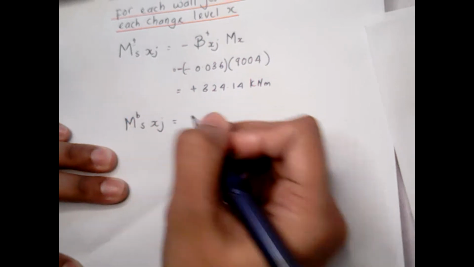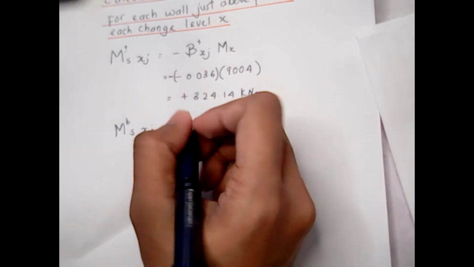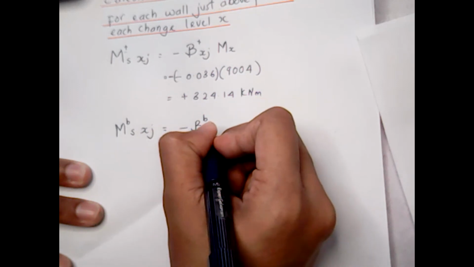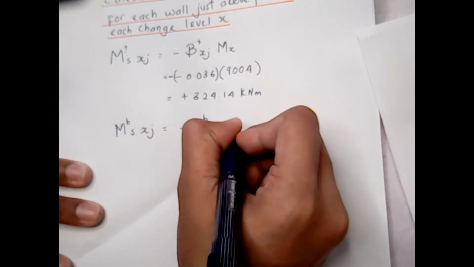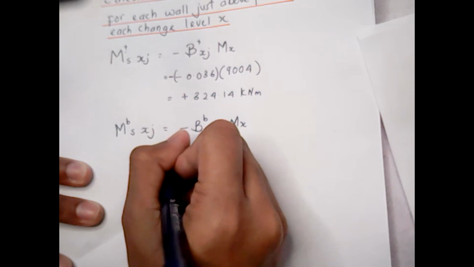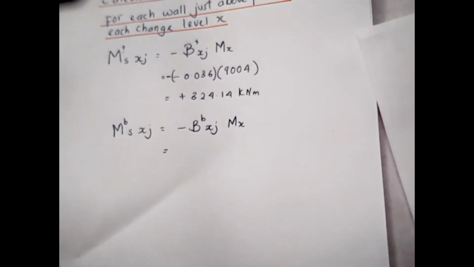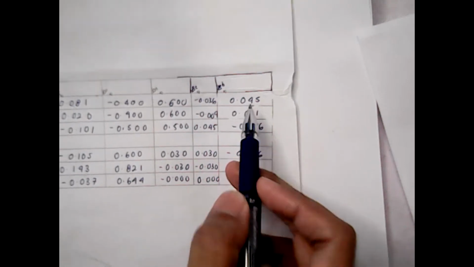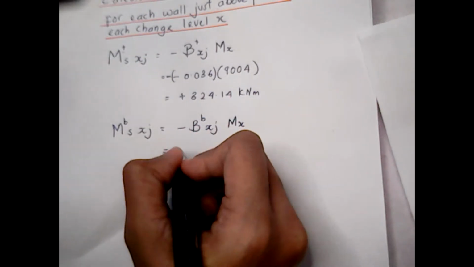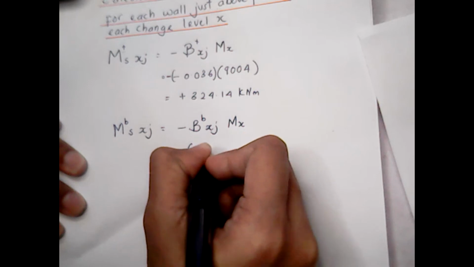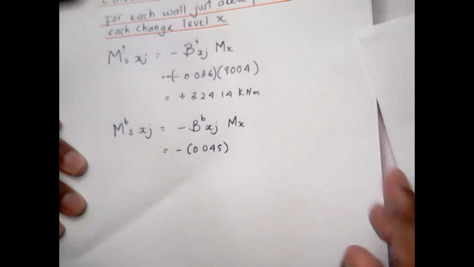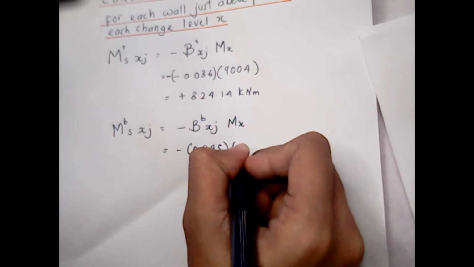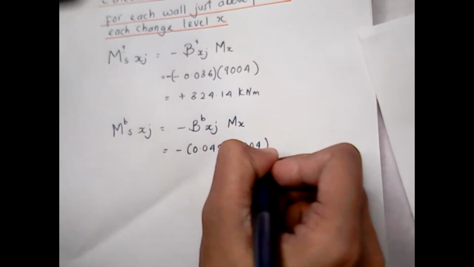M bottom at Xj is equivalent to negative coefficient, so this is bottom, Xj, times Mx. Refer to your parameter table. The bottom is 0.045, so take that value, negative 0.045, times the Mx just below the change level A, which is 9004.